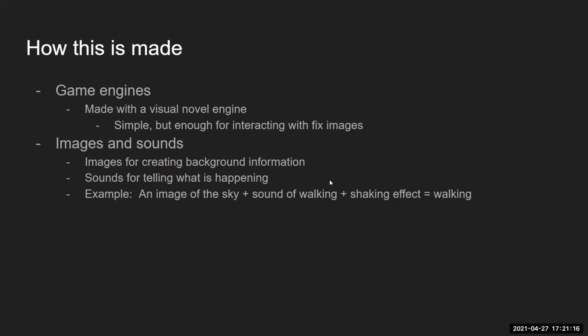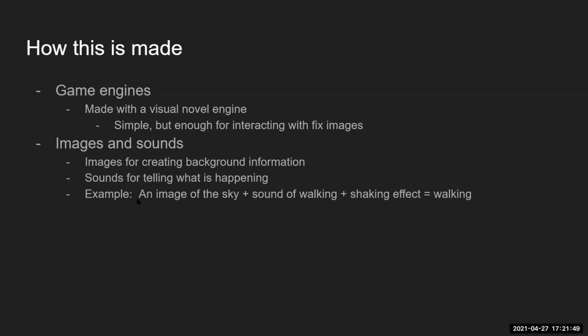So how my project is made, it is made in a visual novel engine because I feel like if I'm using some heavy game engines like Unreal or Unity, the process would be really heavy, and I don't need that much interaction or that much programming in my project. I want it mainly to focus on images and sounds.